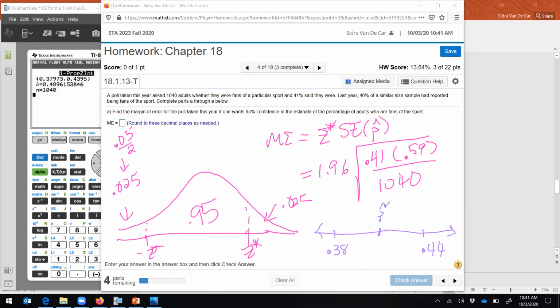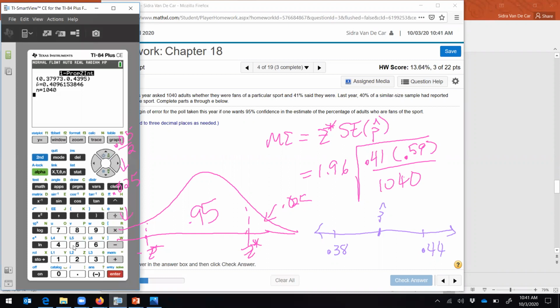So I get the middle by averaging those two, right? Either way, 0.37, oh, it went away.